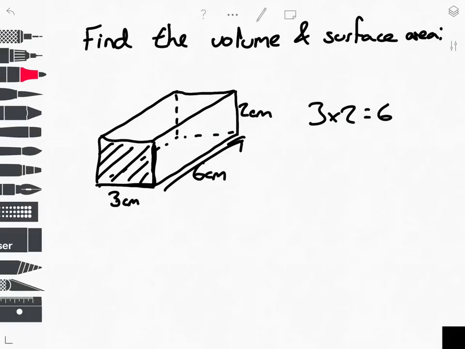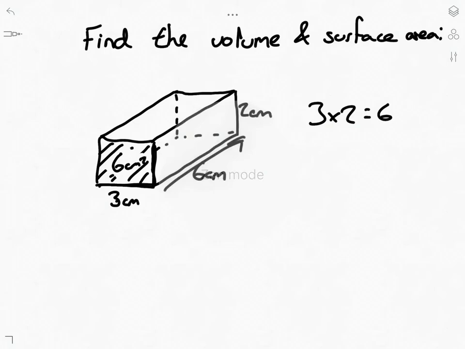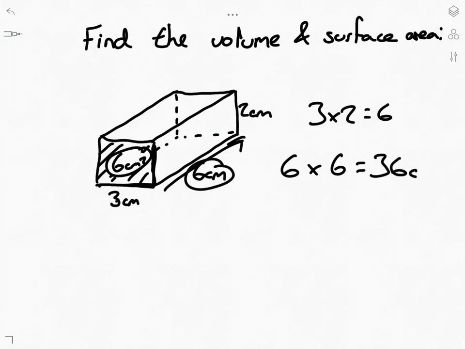The face is 6 centimeters squared. So that's the area of the face. Now we just do 6 times 6, because we're doing this, times the length. So we get 36 centimeters cubed, because centimeters squared times centimeters is centimeters cubed. So that's the volume. Easy, hopefully.